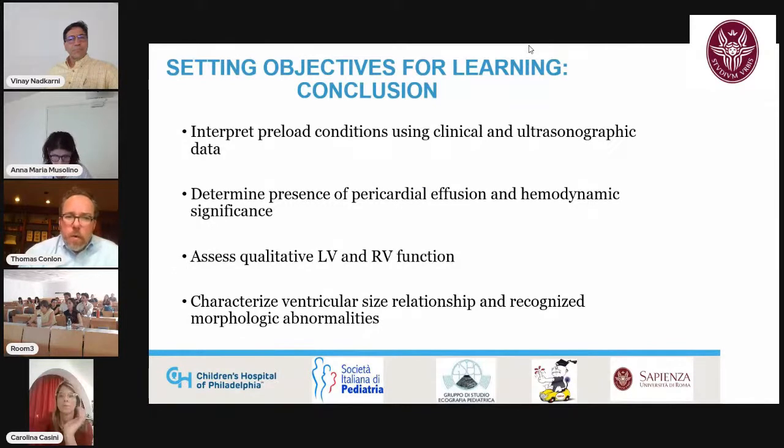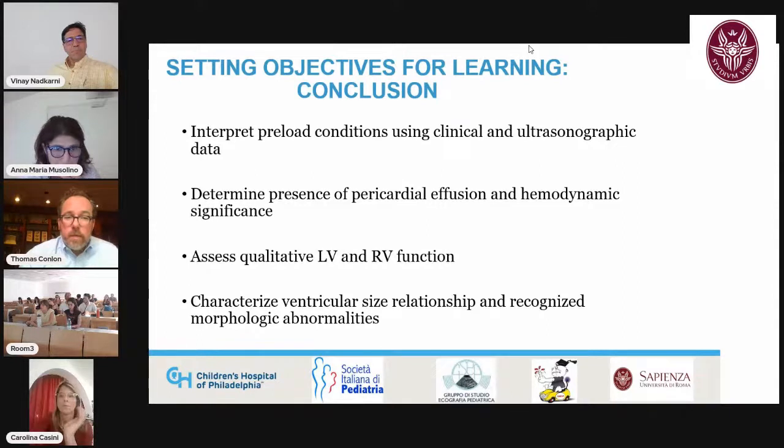I think there are 4 main things that we can look at as a critical care physician or as an emergency medicine physician that are important and relevant to how we define patients in shock. First, using ultrasound, we can interpret our preload conditions using clinical and ultrasonographic data.